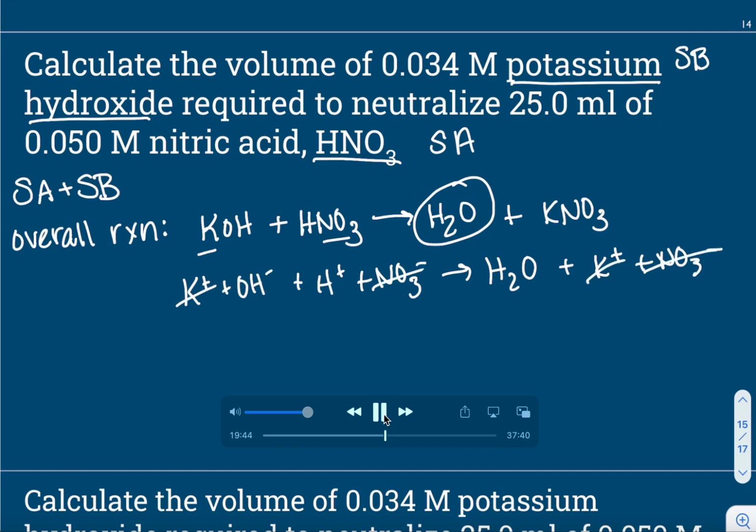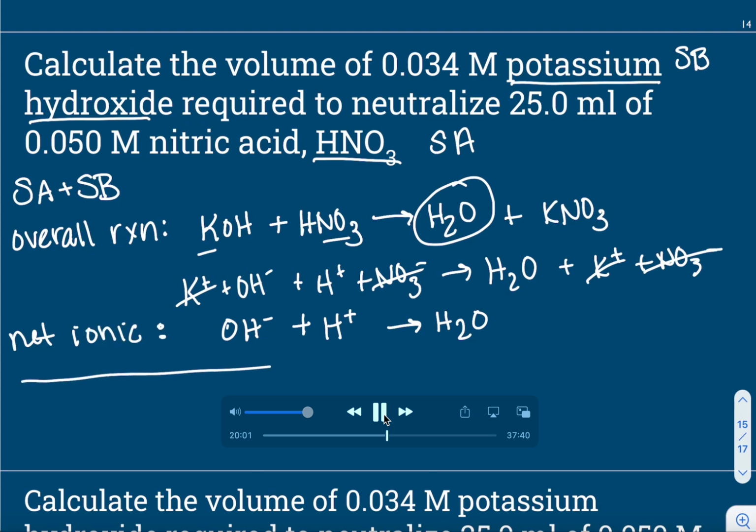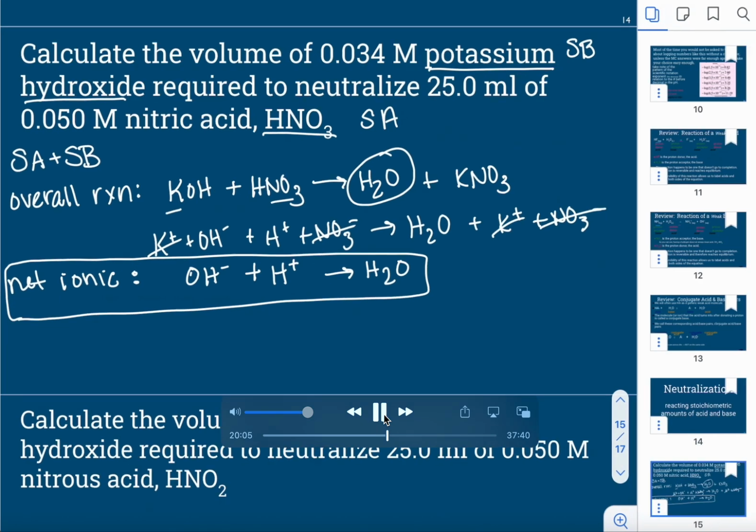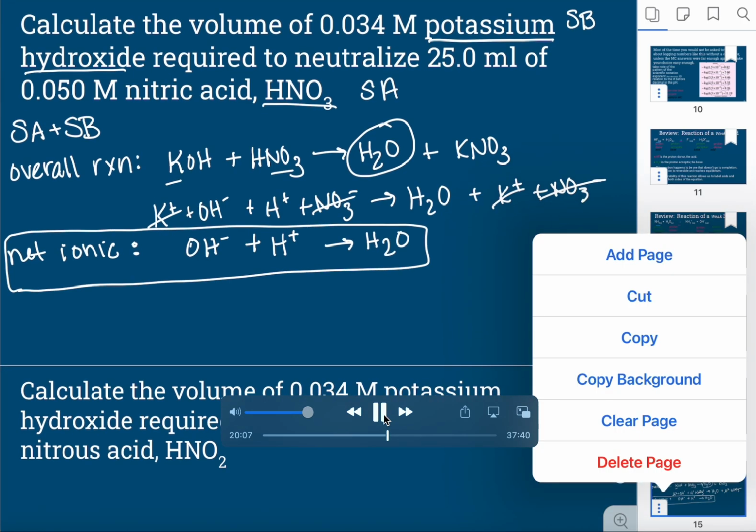This and this will cancel, and you'll end up with OH- plus H+ gives you water. This is always the net ionic for strong acid and strong base. Because they completely dissociate, you always have that net ionic equation.